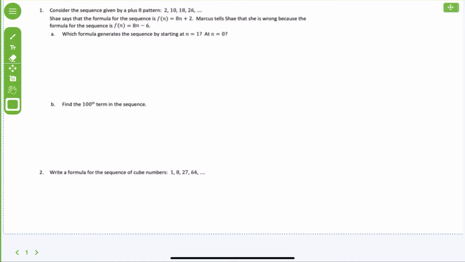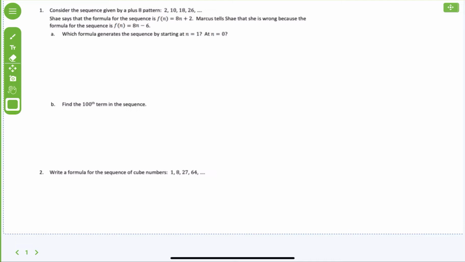So what you do, when it says n equals 1, you plug it in and see what it gets you. So if n is equal to 1, I could say 8 times 1 plus 2 is 10. Okay?